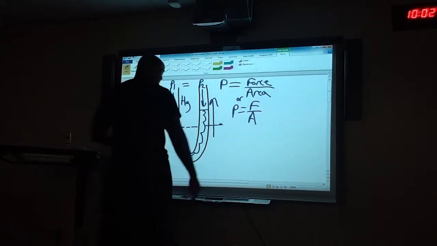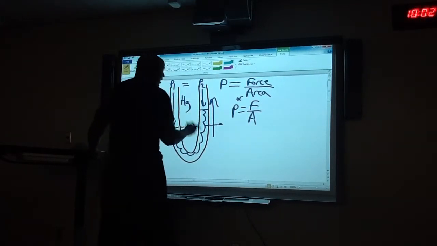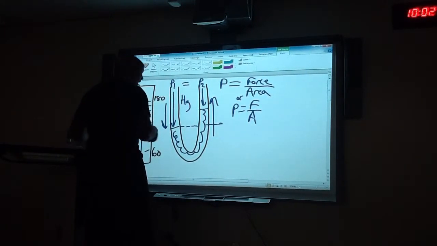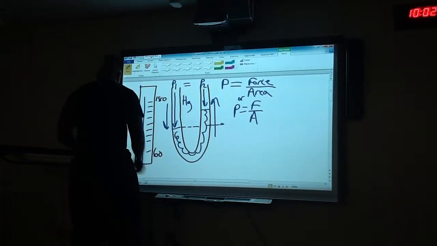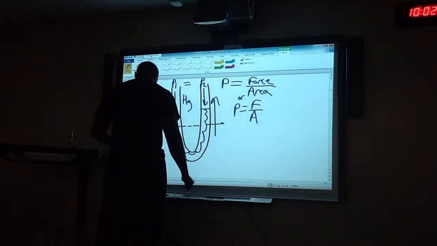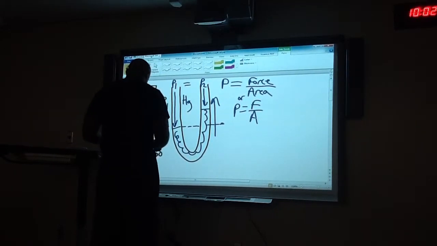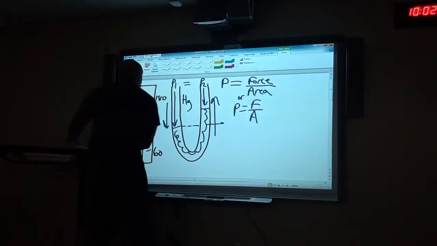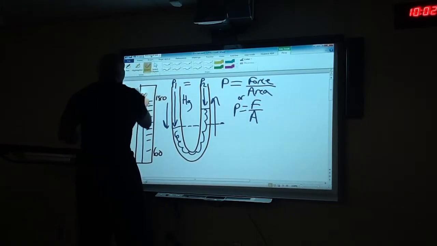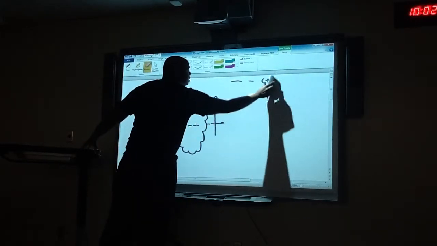So that's the basic formula that gives us the ability to calculate, or the manometer to calculate, the pressure in blood as it moves through the arteries. This is typical to what we would see in a mercury column in regards to blood pressure. So we'll go ahead and erase that. We'll take all that off.